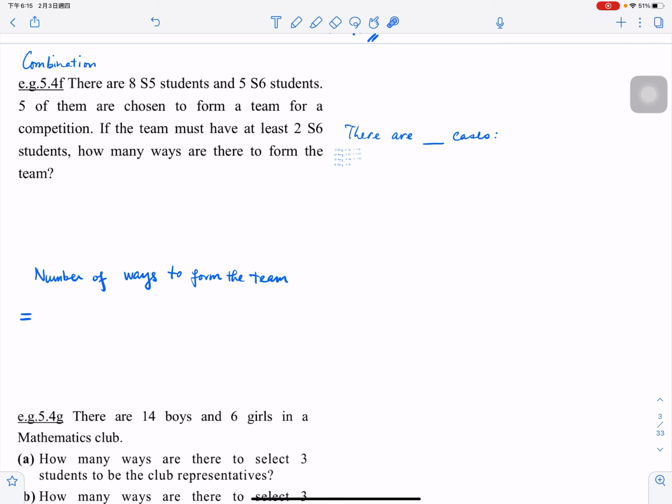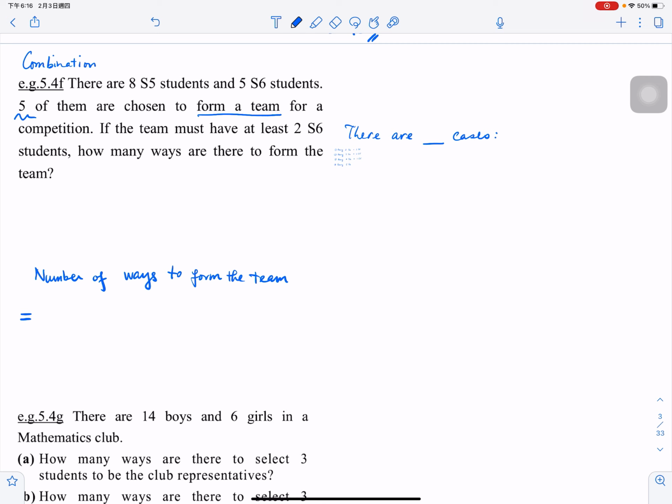Here, let's see. If there are 8 S5 students and 5 S6 students, 5 of them are chosen to form a team for a competition.